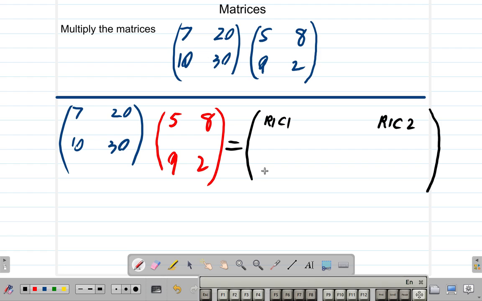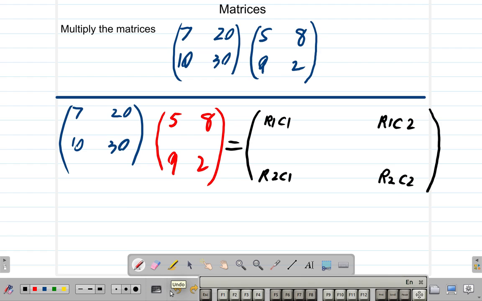Whatever you're going to write here is in row 2, column 1. That's the second row, first column. And here, whatever we're going to put here is in row 2, column 2. Alright?